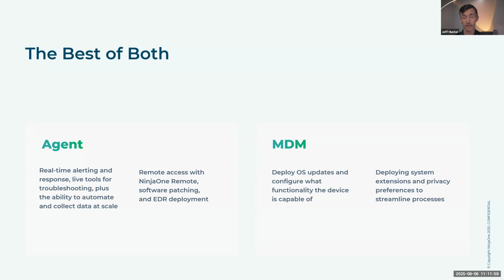As you're deploying everything, it's not fully seamlessly automated from end to end. You're having to then connect to the device and do something manually, potentially. You're having to coordinate too much with the end user. It kind of goes against the philosophy of managed services, in my opinion. And so with this, again, you get the best of both worlds, but we don't want anybody to have to be thinking about, hey, is this an MDM action or an agent action? We want this to be seamless.